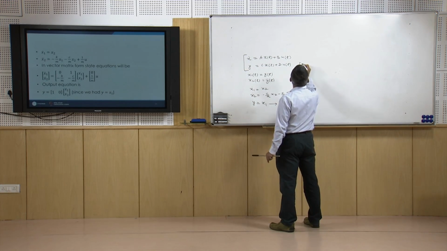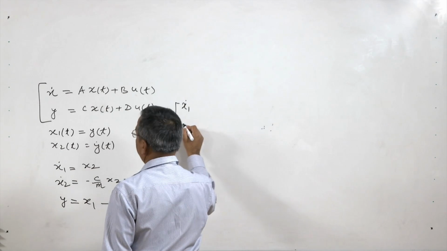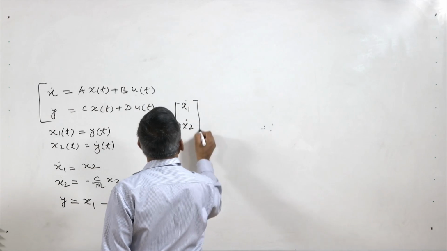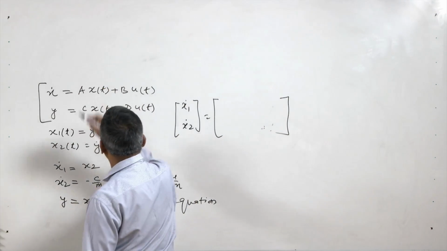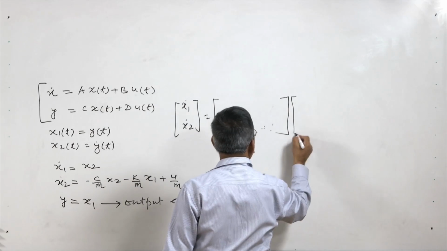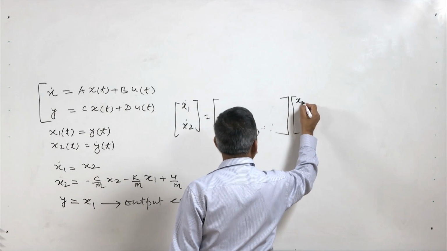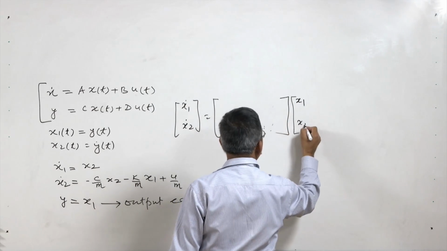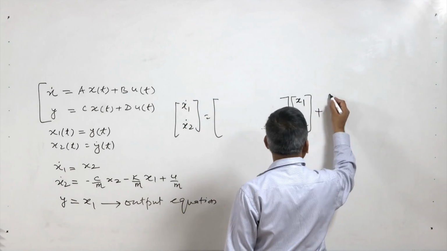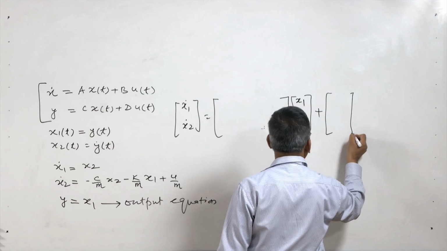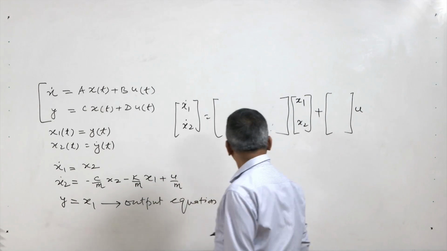I write the derivative of the states, x1 dot x2 dot, is equal to my A matrix here, plus I want to write my state vector, so it is x1 x2, plus I will have the B matrix, I do not know what it is, I have to find out, plus my u.